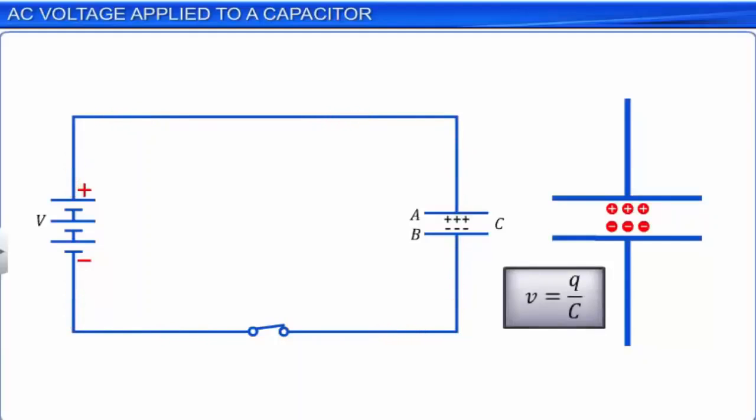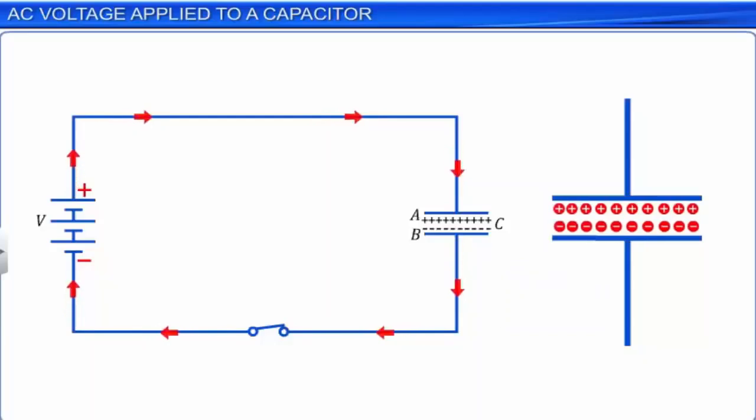As plate A of the capacitor is connected to the positive terminal, positive charges accumulate on plate A. The positive charges on plate A repel the additional positive charges that the source tries to deposit on the plate. Thus, the capacitor resists the further build-up of charge on its plates.